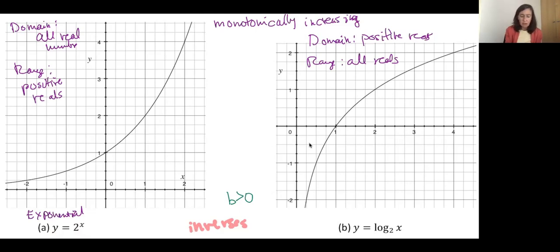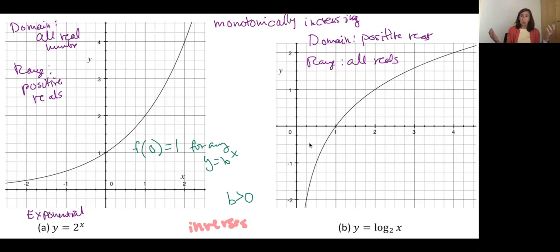Last pair of comments on these graphs: no matter what our base is for an exponential function, the functional value of 0 is 1 for any exponential function.